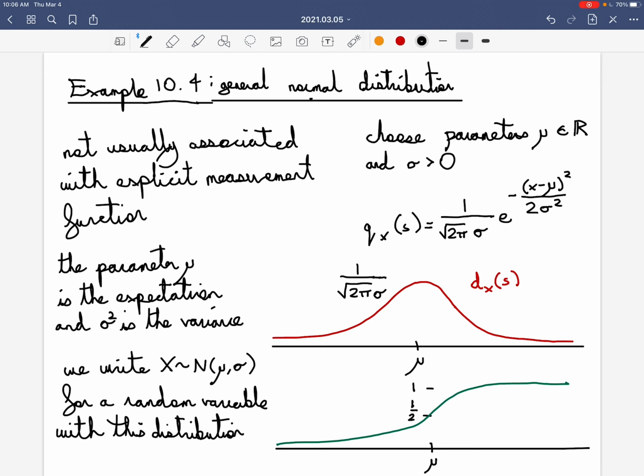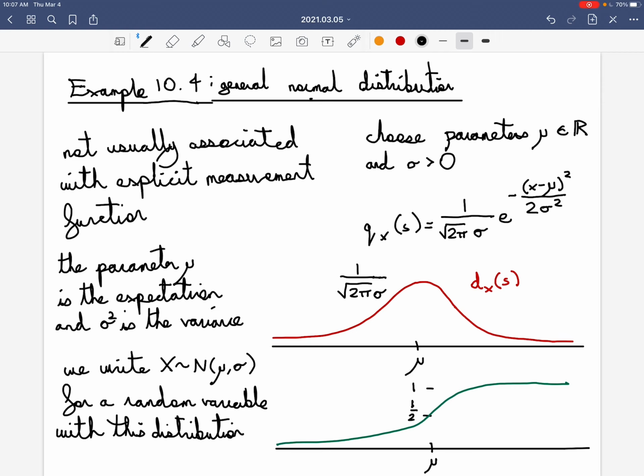So the general normal distribution allows you to choose a parameter mu for the expectation of the general normal, and mu can be any real number you want. You can center the general normal at any point.